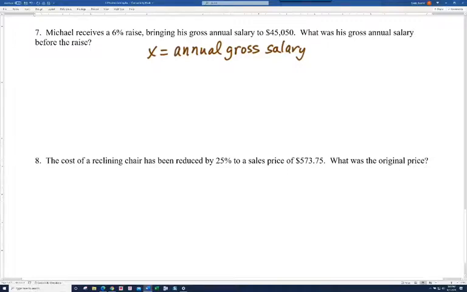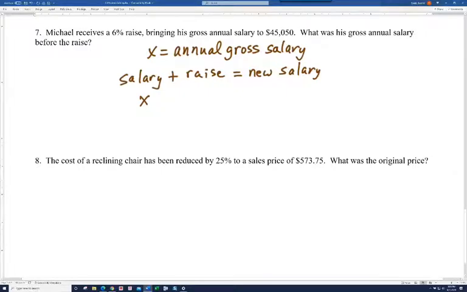All right, so let's go ahead and write an equation here. But first, let's think of it in terms of the concept. So his original salary plus the raise is going to equal the new salary. His original salary was X. How would we write his raise? It's 6%.